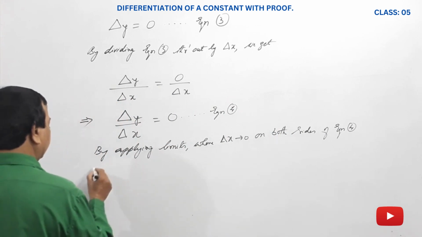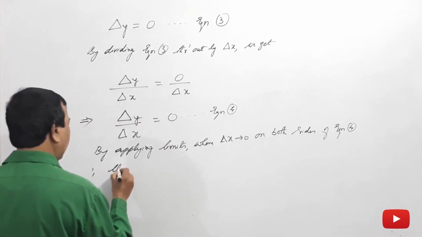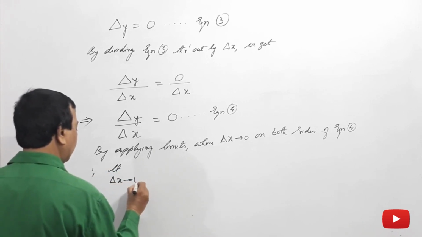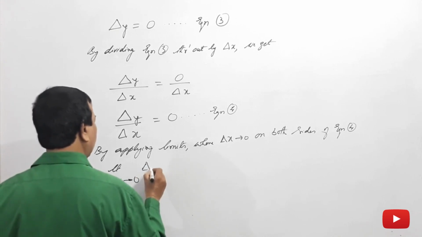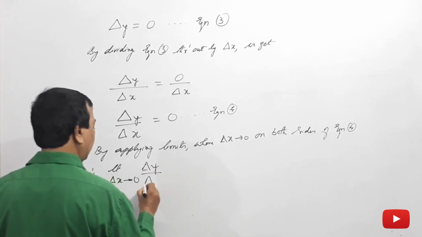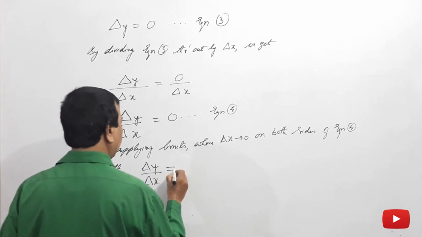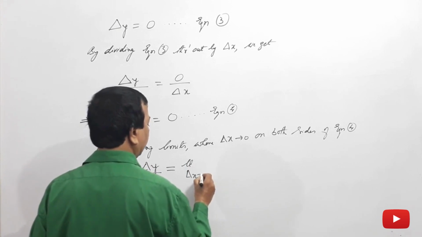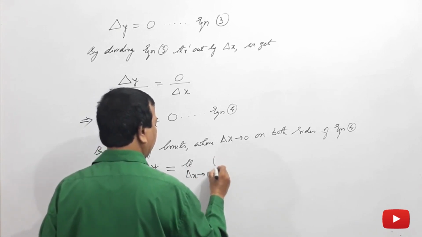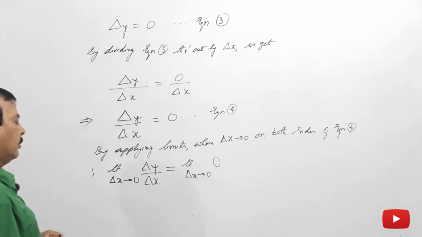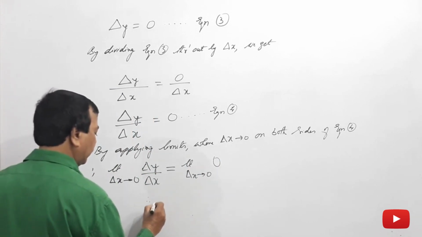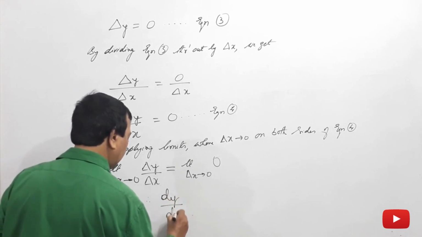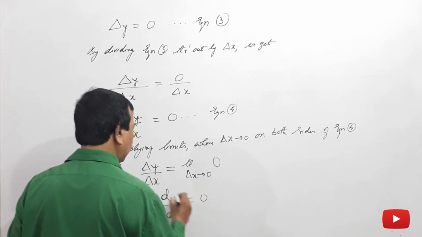That is, limit delta x tending to 0 of dy by dx equals limit delta x tending to 0 of 0. Therefore, dy by dx equals 0.